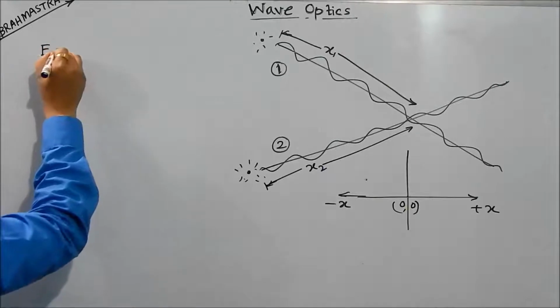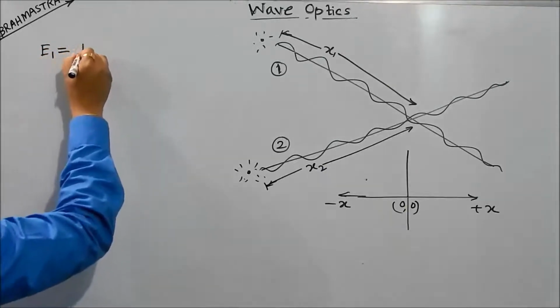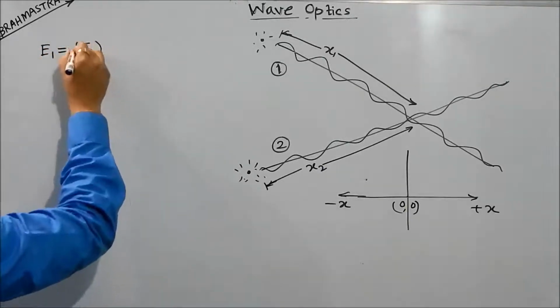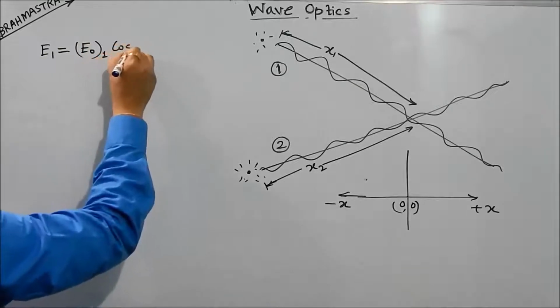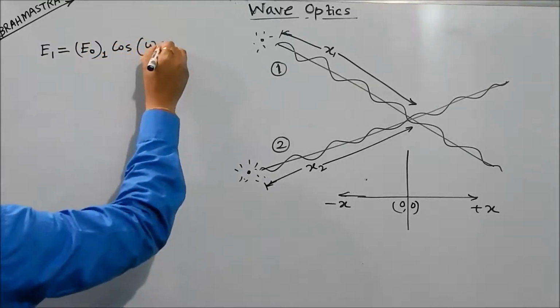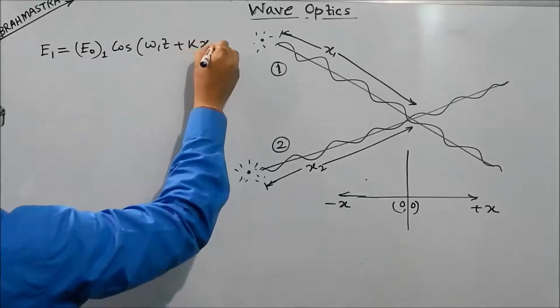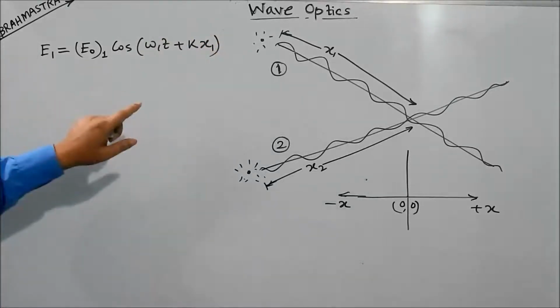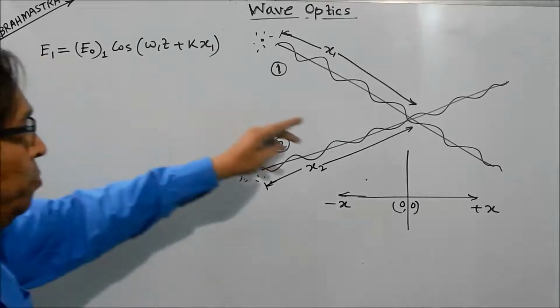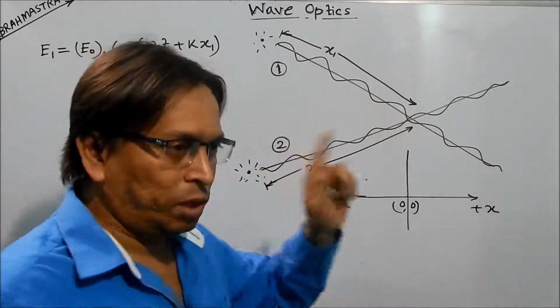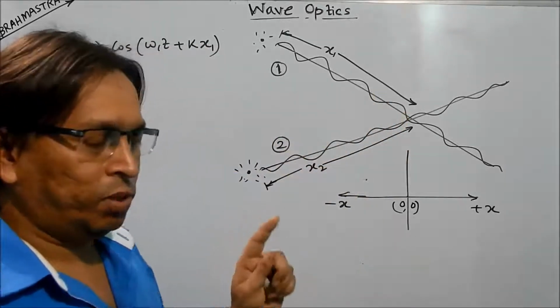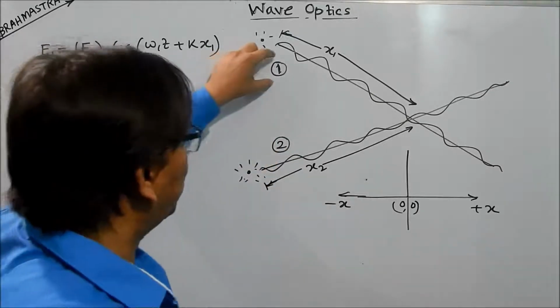So the equation of the first wave we can write like this: E1 is equal to E01 cos(omega1 t + k x1). See here, E01 is the amplitude of this first wave.